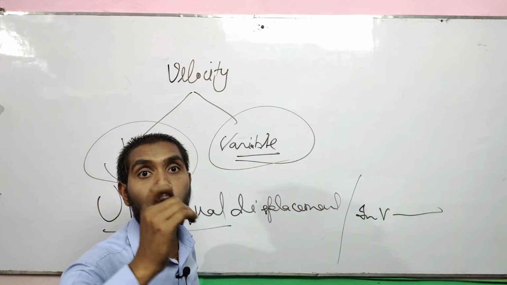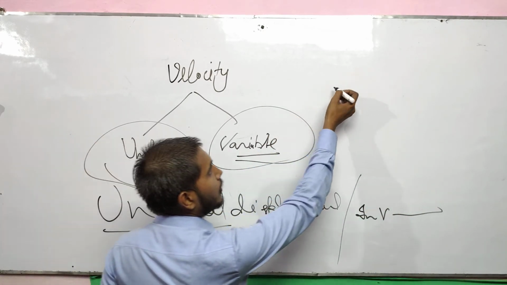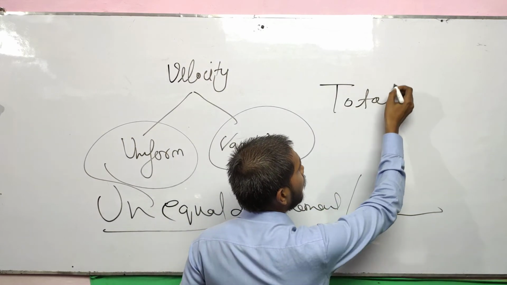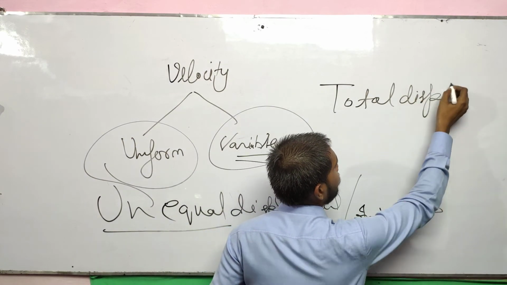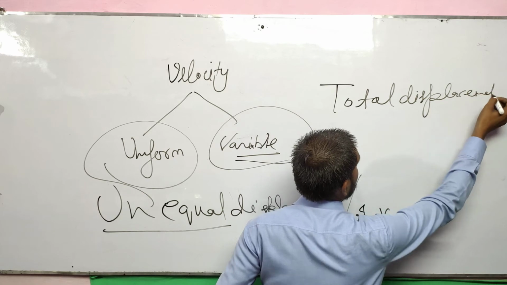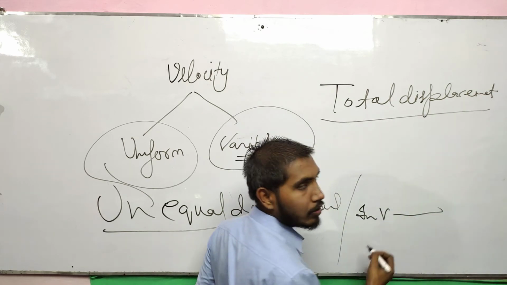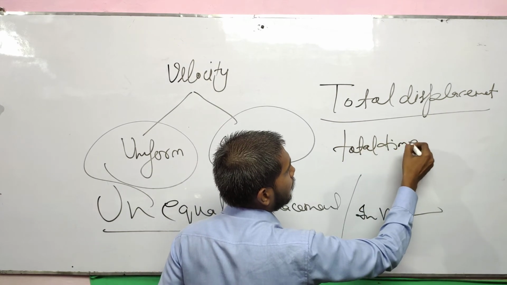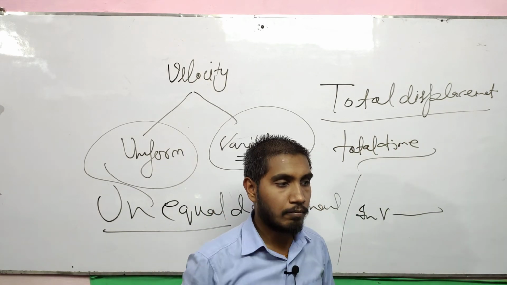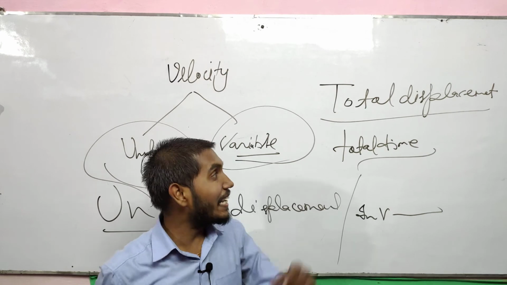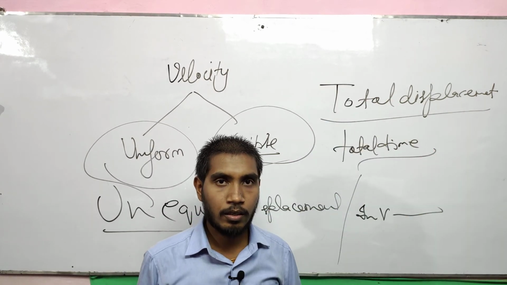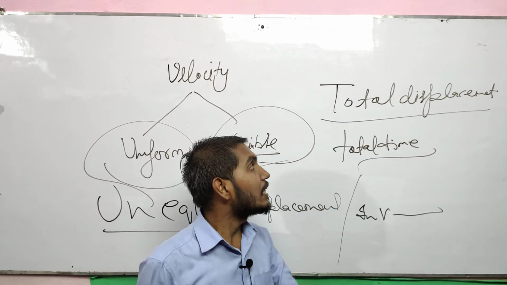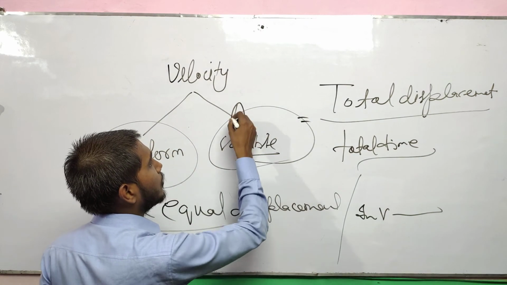What is the average velocity? The ratio of the total displacement and total time taken by the object in motion is called average velocity.